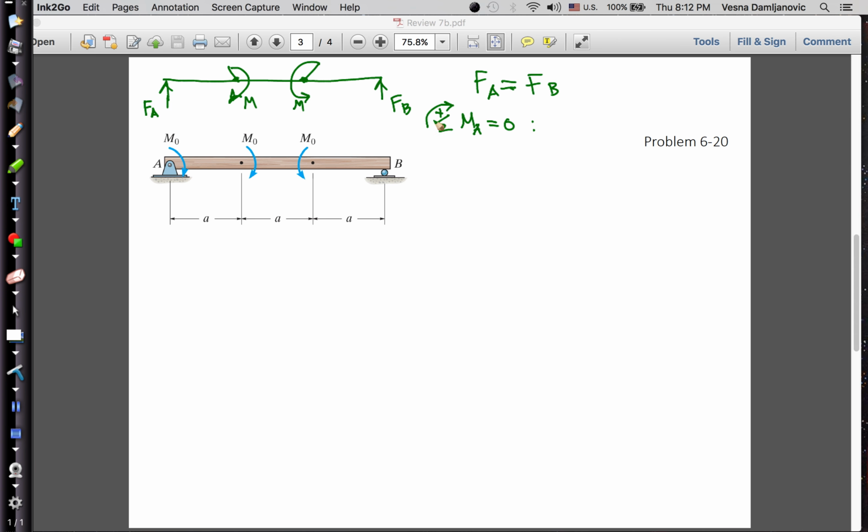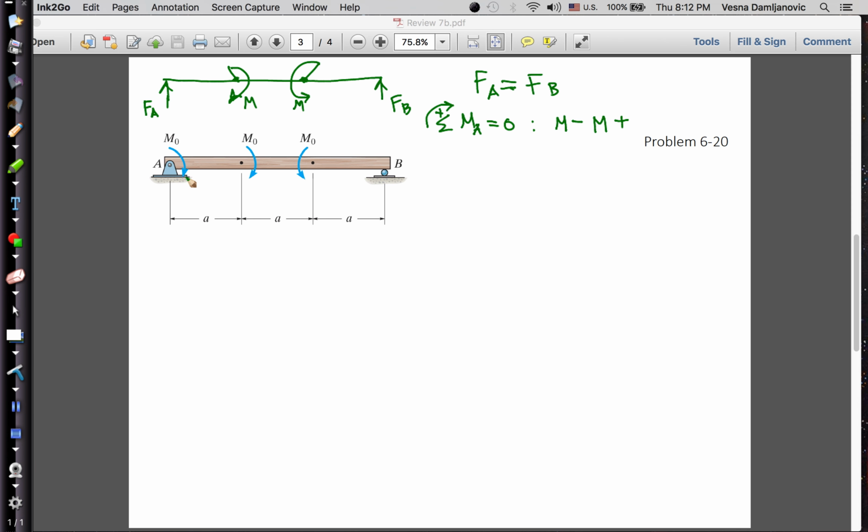So, moments around A, if this direction is positive: this moment is positive, so it's M. The next one that comes by is that one, so it's negative, minus M. Then this reaction creates a moment, but we forgot that moment, didn't we?